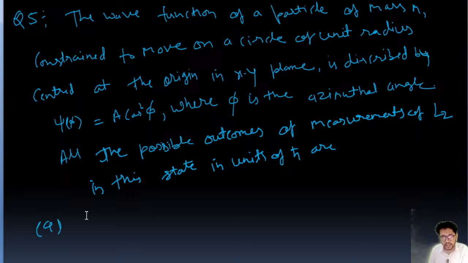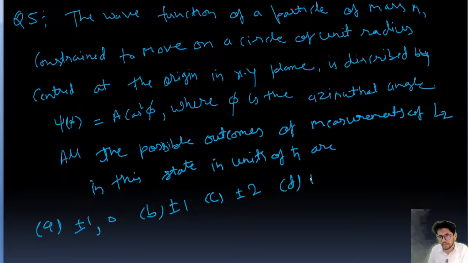Options are A plus minus 1, 0, option B is plus minus 1, option C is plus minus 2, and option D is plus minus 2, 0.